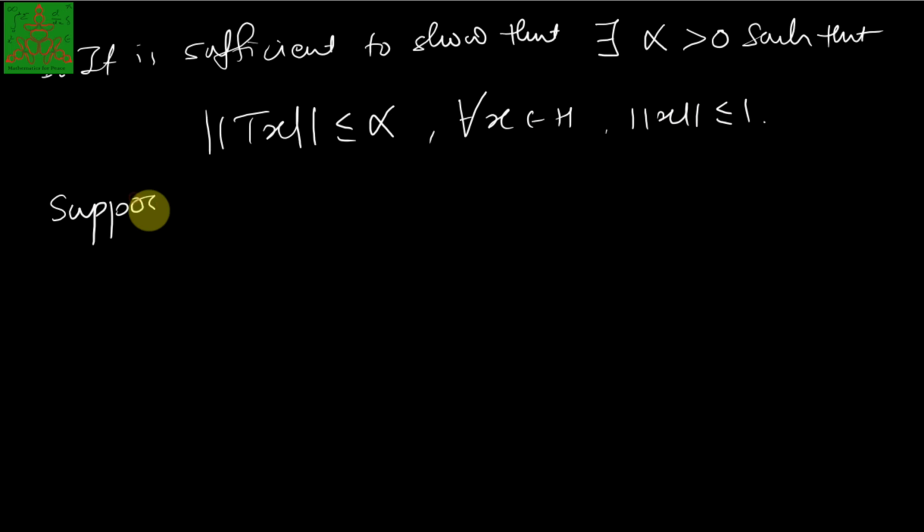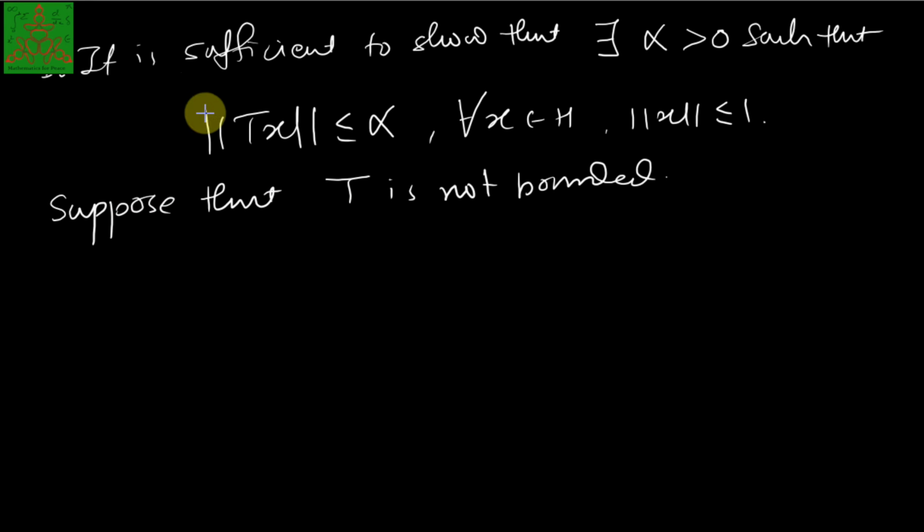Suppose T is not bounded. So by contradiction, we start with T is not bounded. If it is not bounded, then this statement will be contradicted.